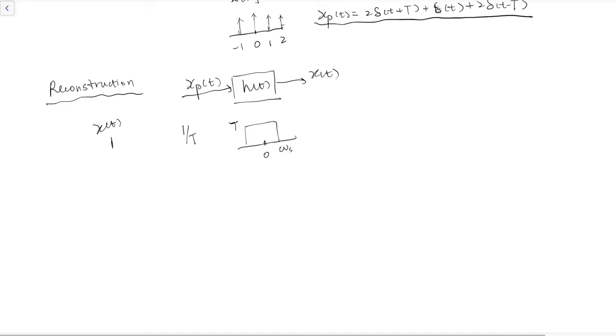We usually use half of the sampling frequency as our low-pass filter band limit. And in this case, for this question, this T here is 1 over 200, and this cutoff frequency is 200 pi.